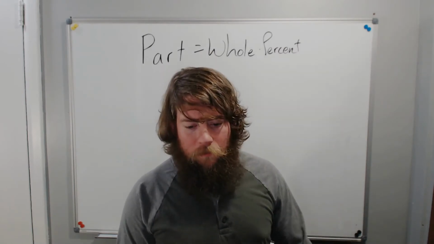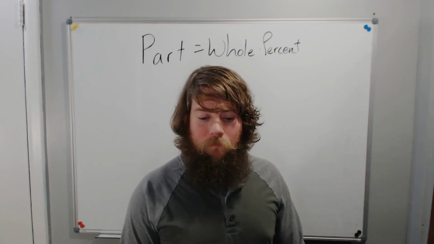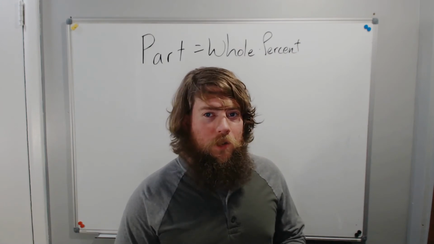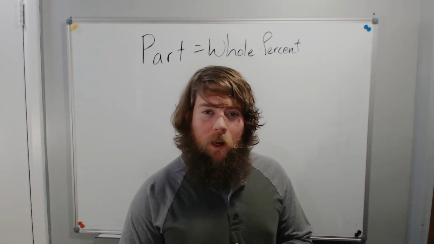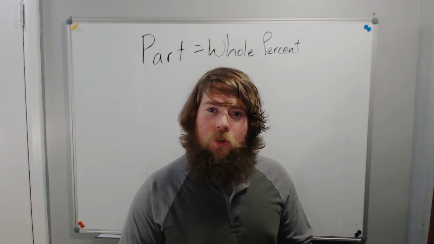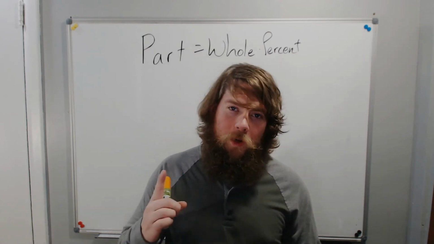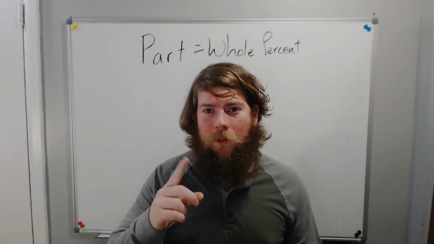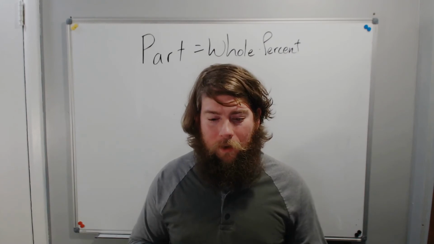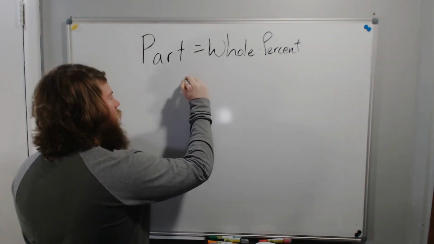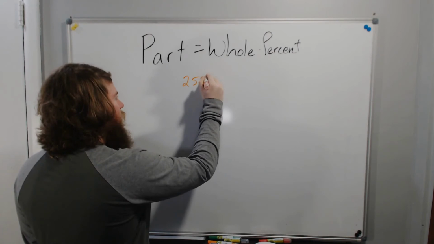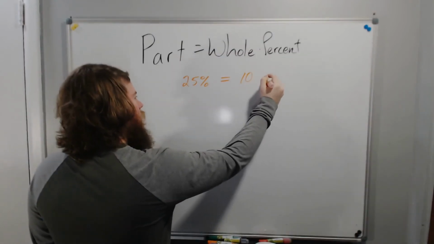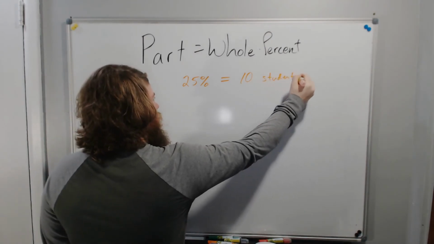Okay, so there are several ways to do this. The way we're going to do it, though, is similar to one of the exercises that we did in the last lesson. We're going to figure out how many students are represented by 1%. So we're going to figure out how many students are represented by one of the little squares in our diagram. Okay? So we know that 25% in the model represents 10 students.